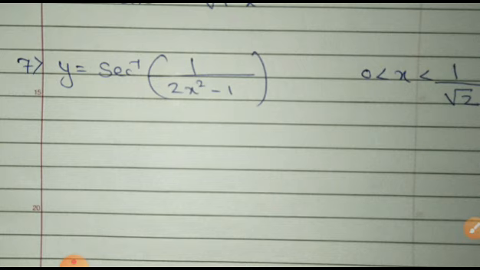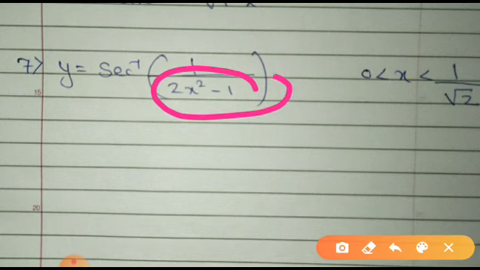Yes, it is cos. So is there any identity related to cos, like 2 cos square minus 1? Yes, it is cos 2 theta. So that 1 by cos will be my sec, so that will be cancelled.